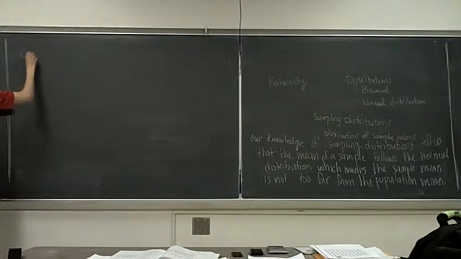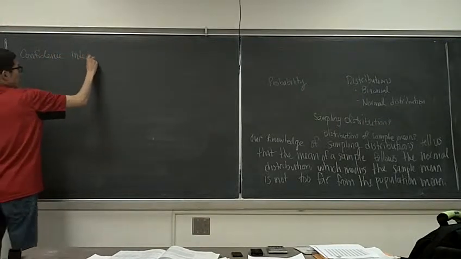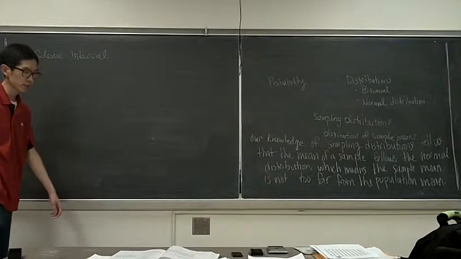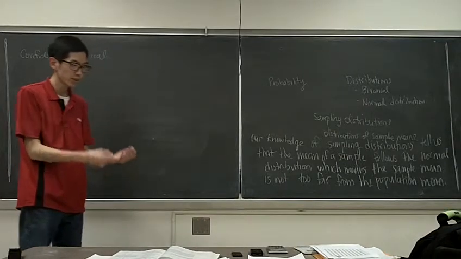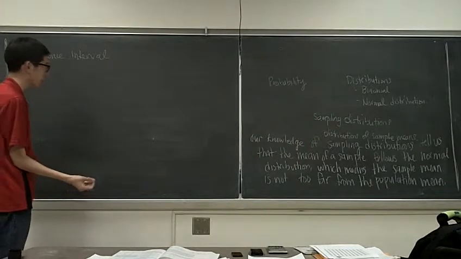So our confidence interval creates a zone of plausible values for our population mean.